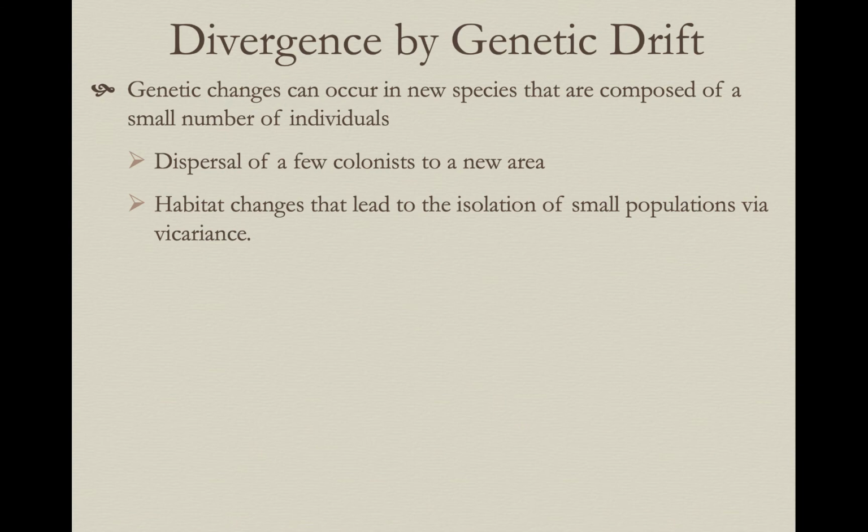Same thing could happen on, say, the very edge of a habitat that may be a forested habitat. If a little island of that habitat remains and it's isolated through a vicariant event, again, that small isolated satellite population is probably going to have few individuals and be under extreme genetic drift pressure that could lead to genetic differences between the small population and the big population.